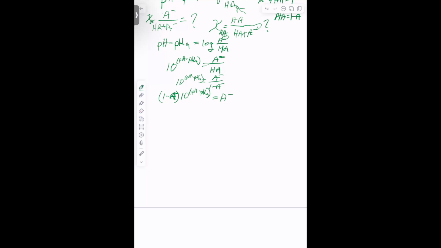So what that leaves me with then is 10 to the pH minus pKa, because I multiplied it by 1 minus A minus times 10 to the pH minus pKa, and that's equal to A minus.